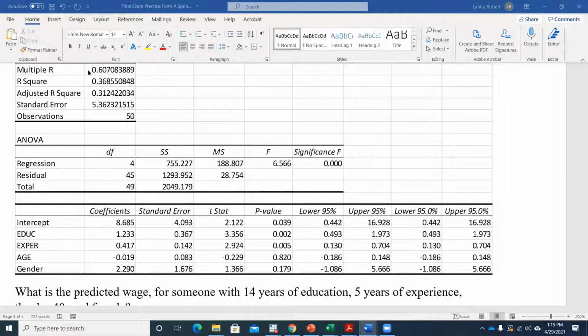Knowing that definition of the R squared, I could ask you a question, and you'll have to know the definition of R squared. So if I ask you, what percent of the variation are we explaining in the Y variable, or of hourly wage, I might give you an answer of 0.6, 0.368, maybe I just choose one of the coefficients here. You should know that you should be looking at this R squared, not the adjusted, not the multiple. For the sake of this class, we're just focusing on that R squared, okay?